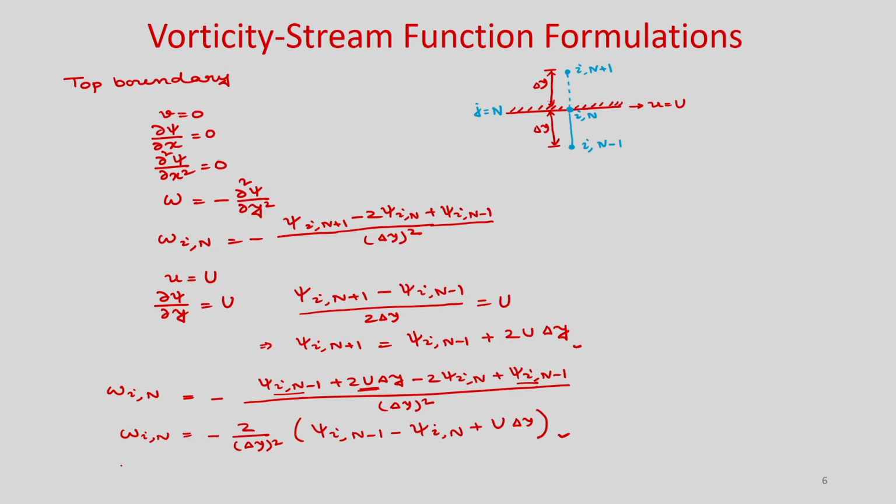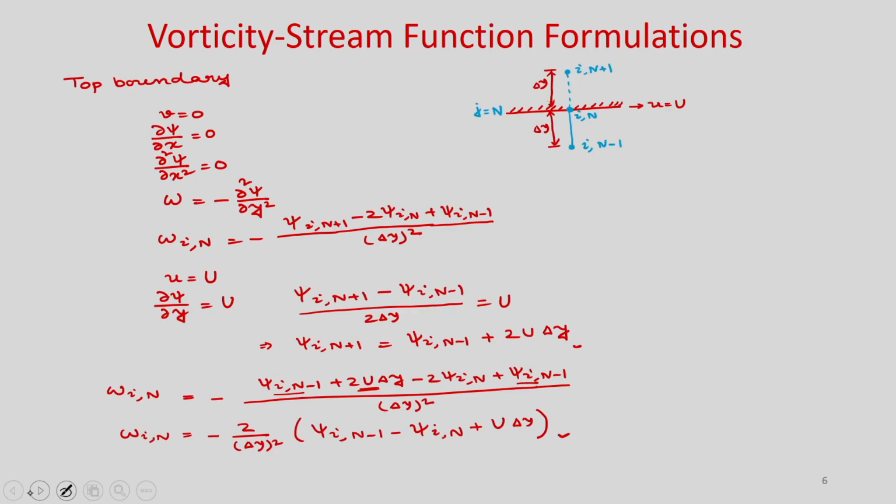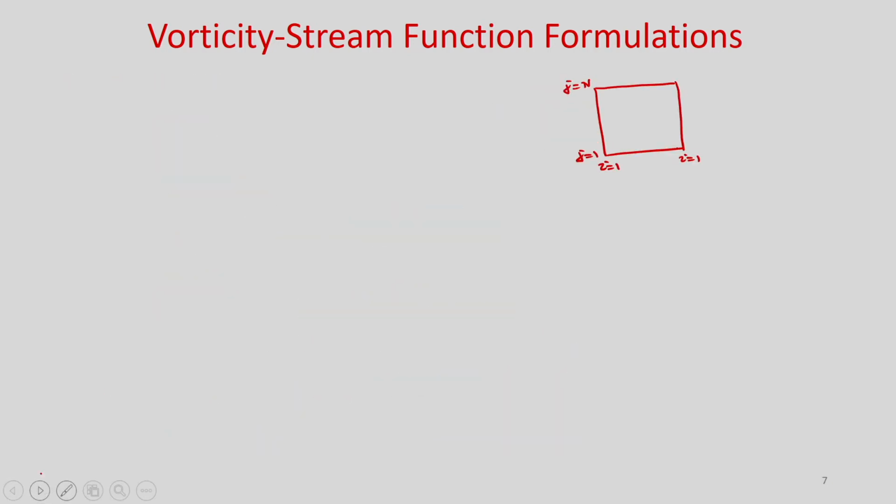Now, you have seen that to solve the vorticity transport equation, we could derive all the boundary conditions for omega, and for psi we have already found them for all the boundaries, for I from 1 to m and j from 1 to n. You can see that psi is 0 everywhere.